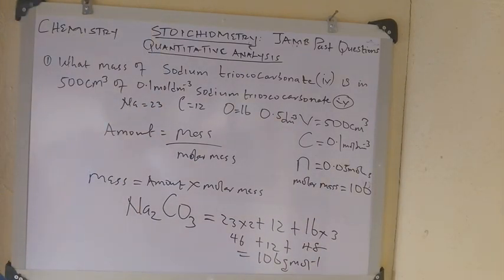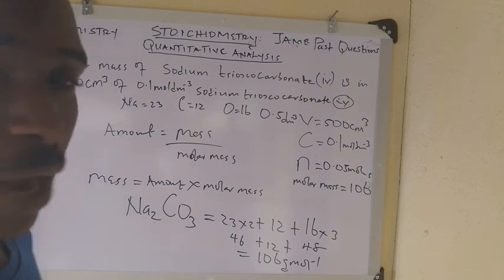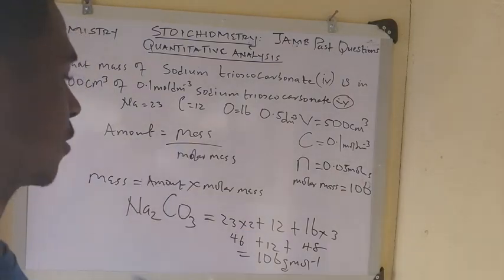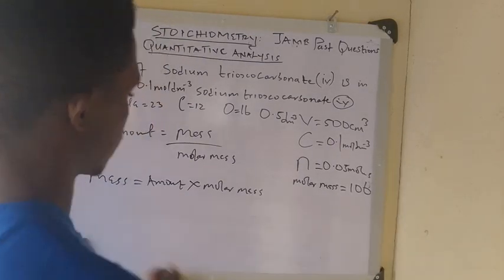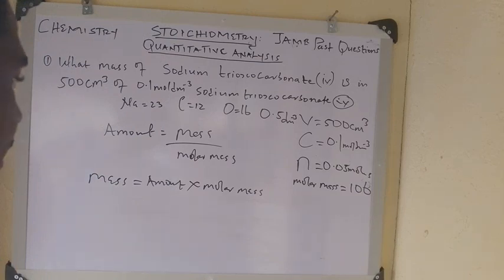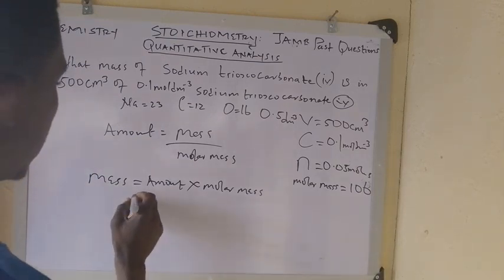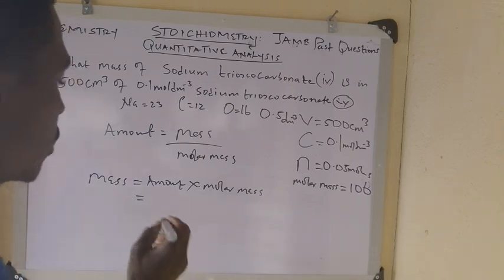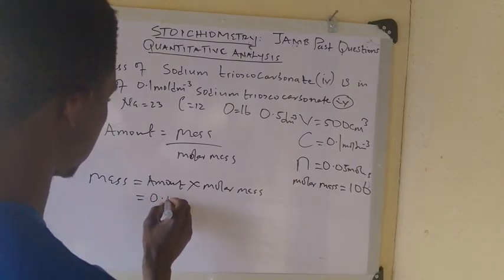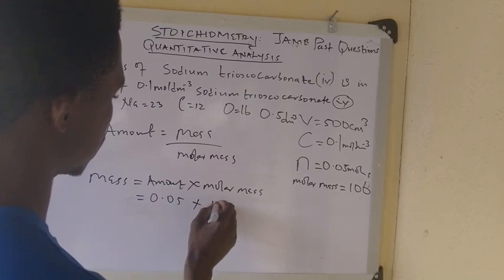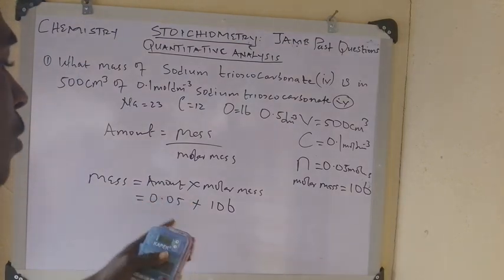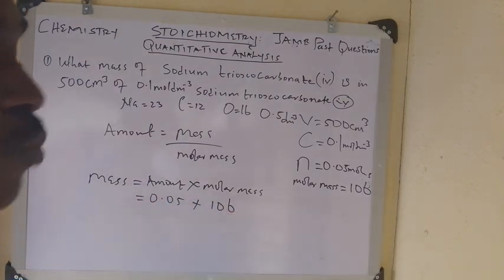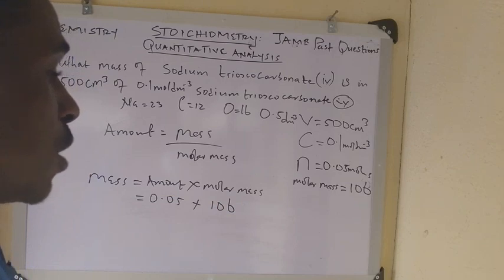Now we can go ahead to calculate our mass. If I want to calculate mass, the amount here is 0.05 times 106. Amount is 0.05, then the molar mass is 106.